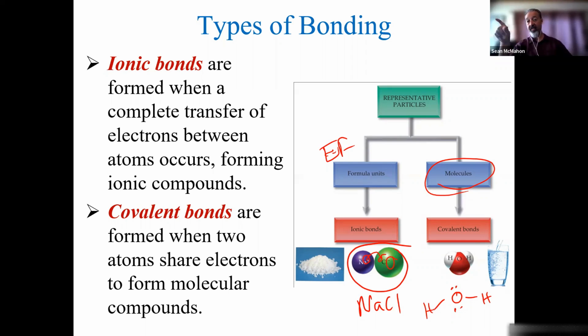So you actually do form individual molecules. For covalent compounds, the singular is molecule. That's not really the case with ionic compounds. The singular of ionic compounds would just be the formula unit, but there's actually no molecule for ionic compounds.